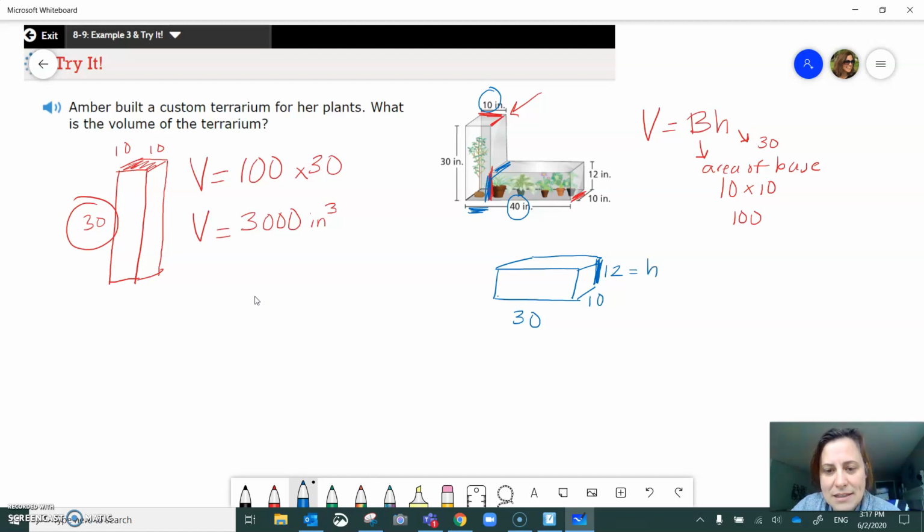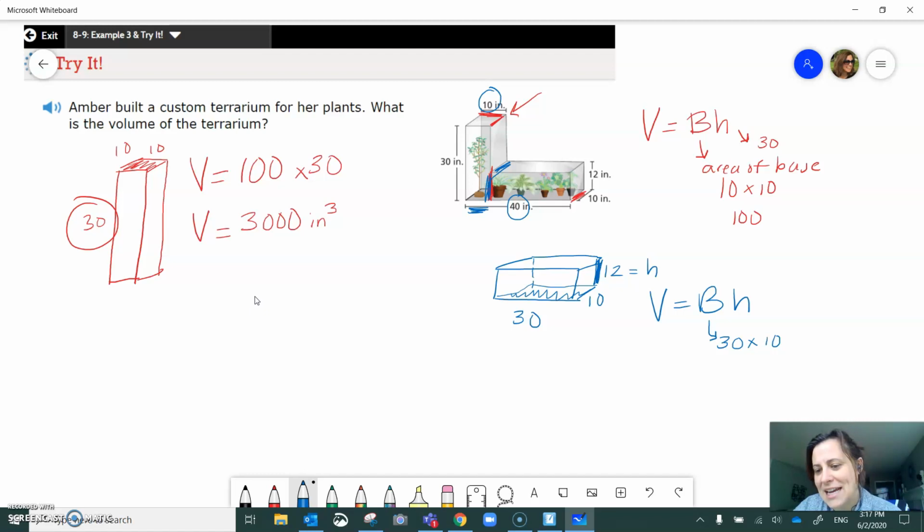So the base itself is a rectangle in shape, so very similar to the other one. The area of the base times the height. The formula for the area of a rectangle is length times width.